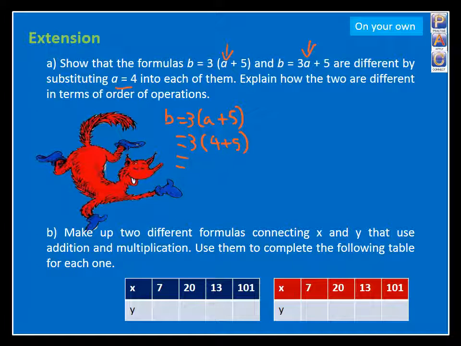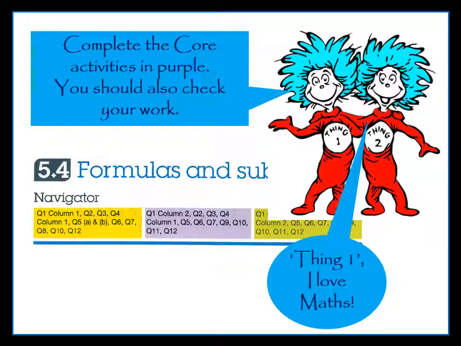My order convention says I do the brackets first. 3 9s, 27. Put in the other one. 3 times 4 plus 5. 4 3s are 12 plus 5. Completely different numbers.